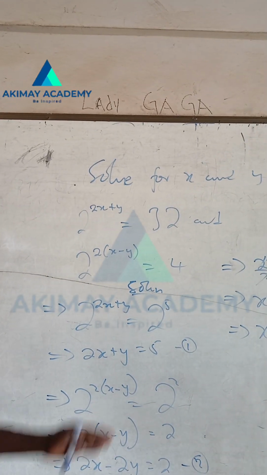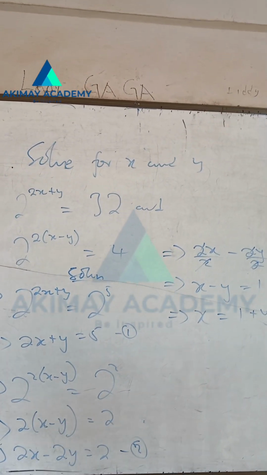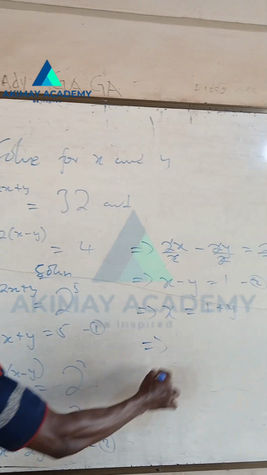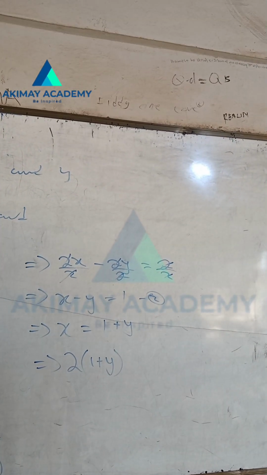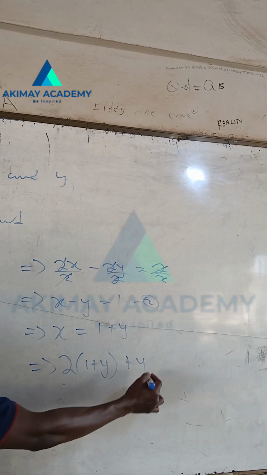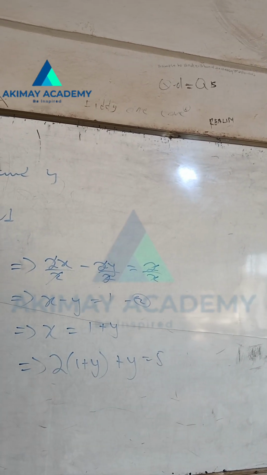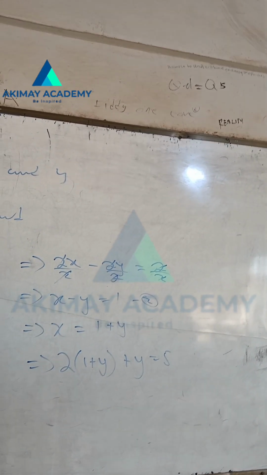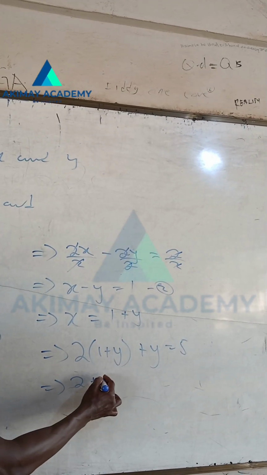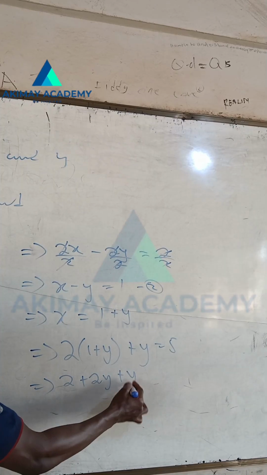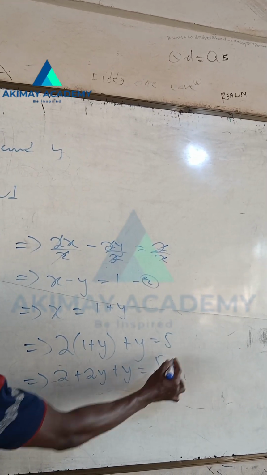So we have 2 multiplying 1 plus y, plus y equals 5. Simplifying, 2 plus 2y plus y equals 5.